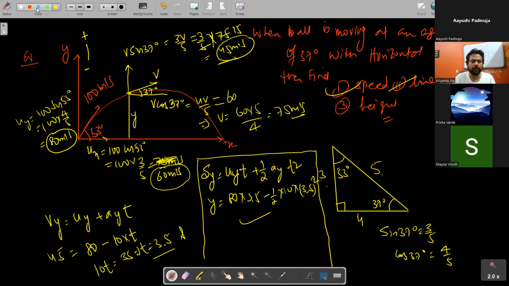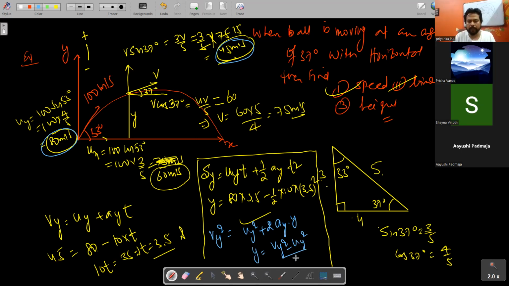Apply another method. See, you know the vertical component of the velocity. Initial component of the velocity, you have to find displacement. Apply this: v square equals u square plus 2a along y into s. Means that is displacement along y axis, y. Now y would be vy square minus uy square upon 2ay.